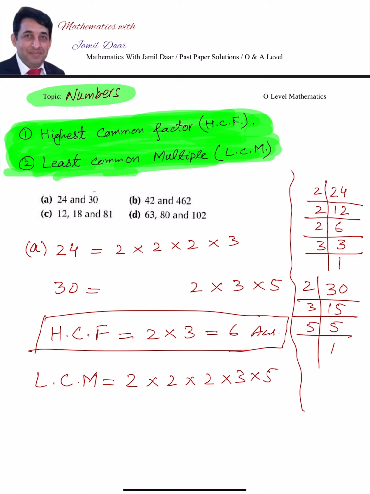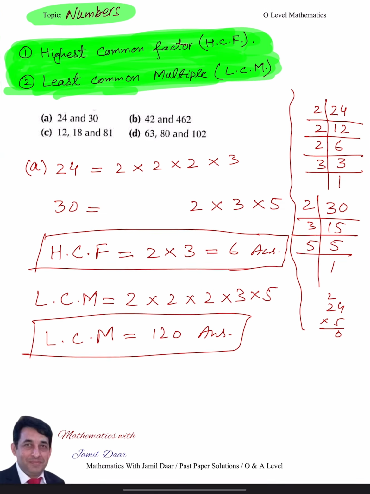So this is the LCM: 8 threes are 24, and 24 times 5 is 120. That's your answer.